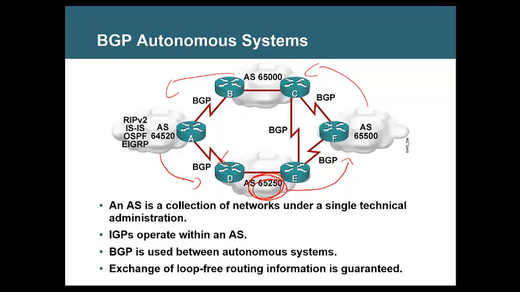When D finds its own autonomous system as the originator of this update, it will not accept it. That's how it prevents loops. So the AS number, autonomous system number, is helping to prevent loops.